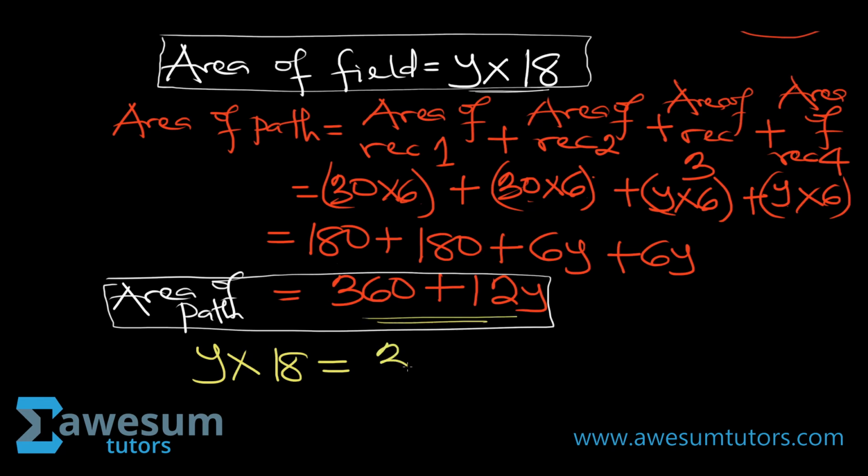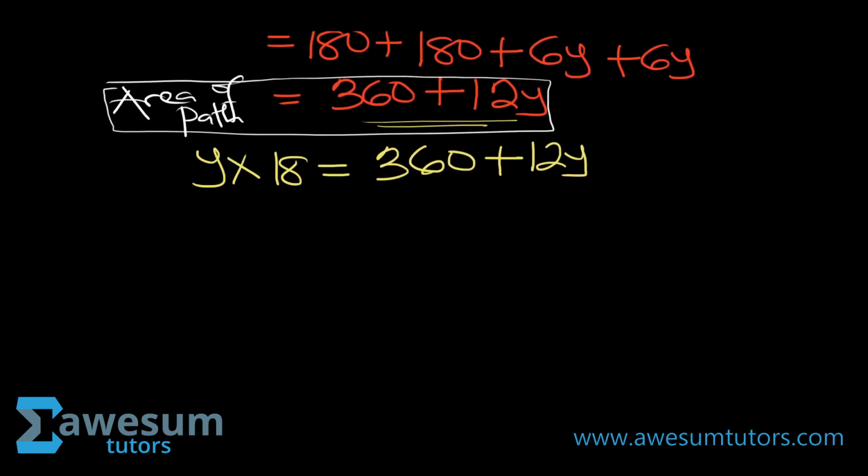This is it right here. 360 plus 12y. Now, I know a lot of you guys will see this and know this is already easy. Yes, exactly. y times 18 is 18y equals 360 plus 12y.